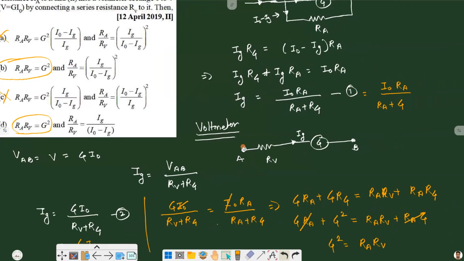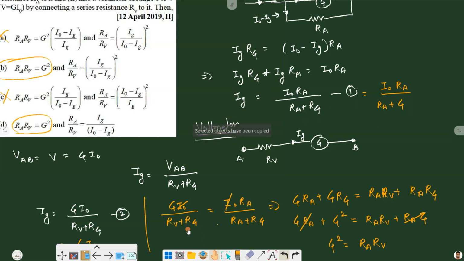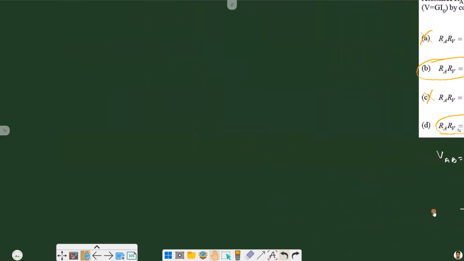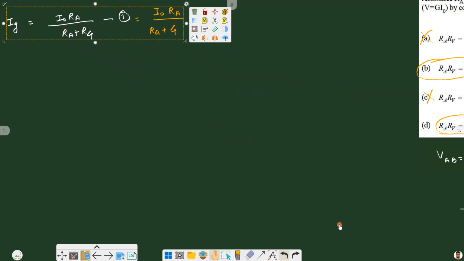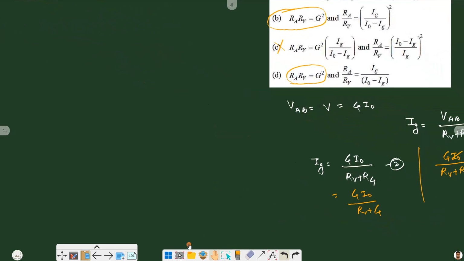Let me copy this one and paste. And the second equation we have, that is this one.